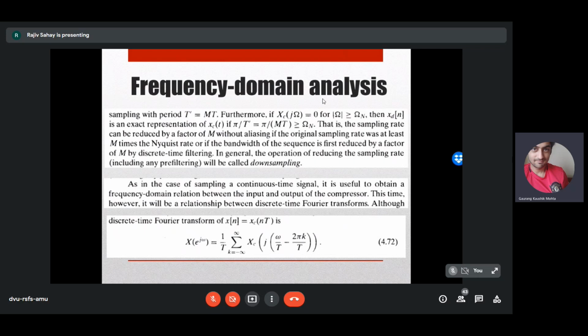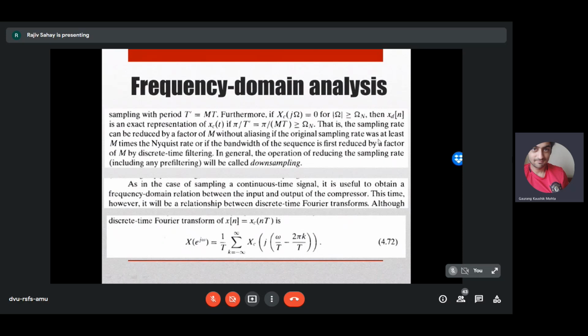If you halve the resolution in the time domain, you are expanding the bandwidth of the downsampled signal by 2 times. That means your original signal should not have been sampled at the Nyquist rate, that is, at 80 hertz, but should have been sampled at 160 hertz. Then only your Xd(e^jω) will not have aliasing. Okay, that is the idea.